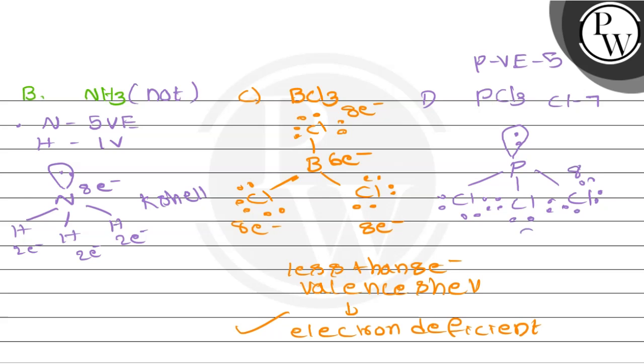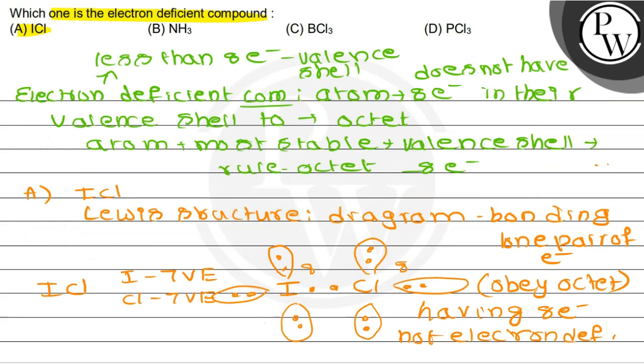So here 8, here 8, here 8 electrons. Even on the phosphorus, 1, 2, 3, 4, 5, 6, 7, 8. So this is not an electron deficient compound. Among the given options, BCl3 is the electron deficient compound. Option C is the correct answer.